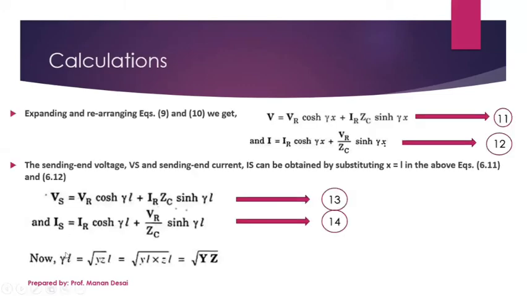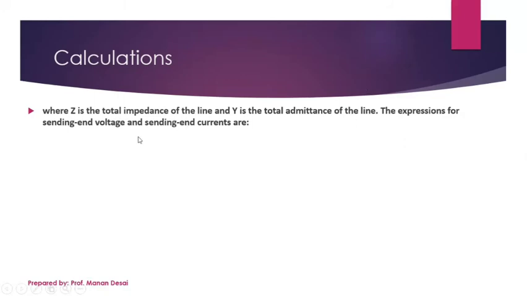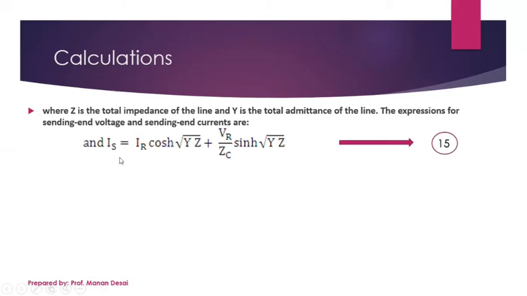I repeat, under root YZ, where Y is the total admittance and Z is the total impedance. The expressions for the sending end current and sending end voltage are: IS is equal to IR cosh under root YZ plus VR by ZC sinh under root YZ.